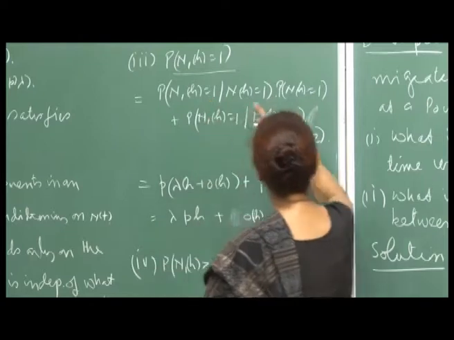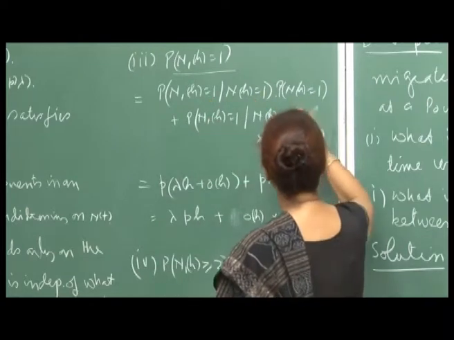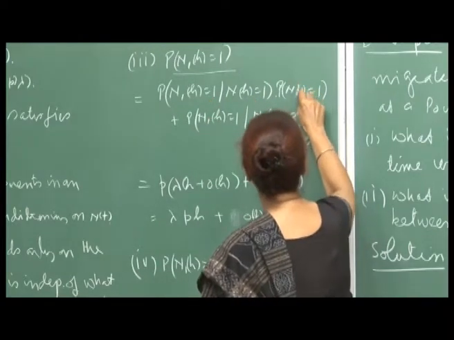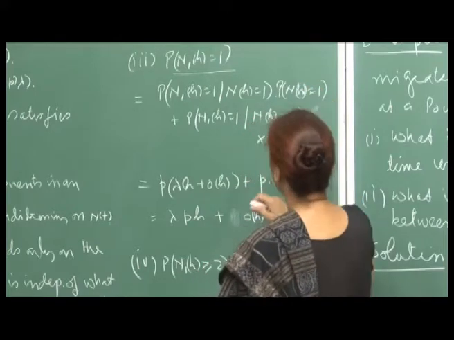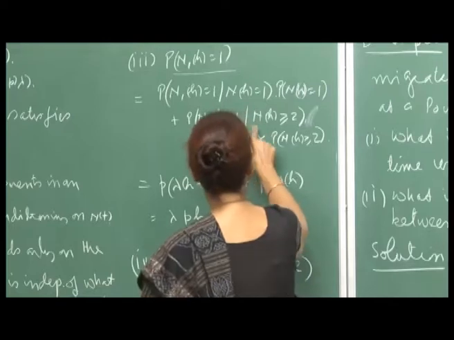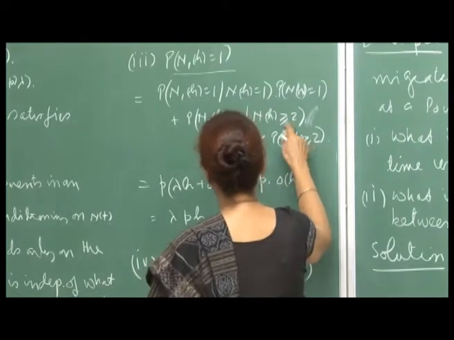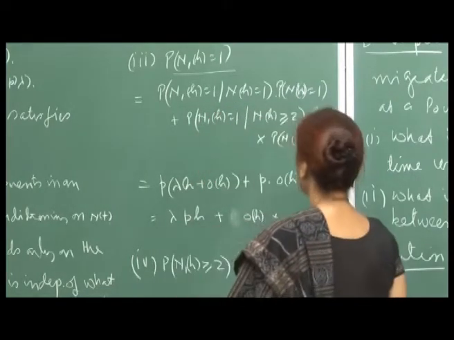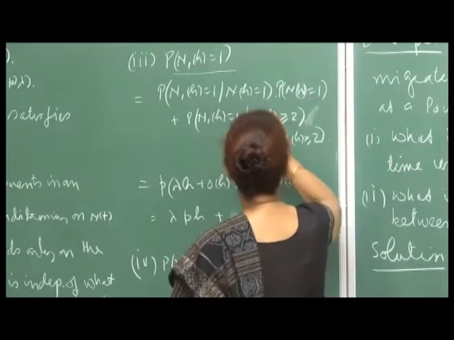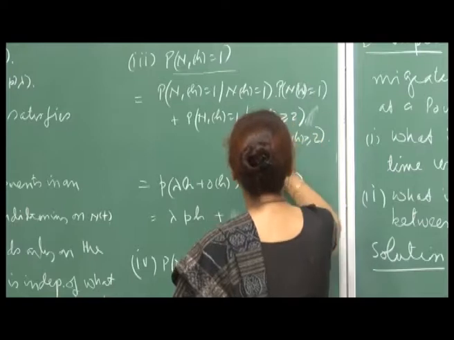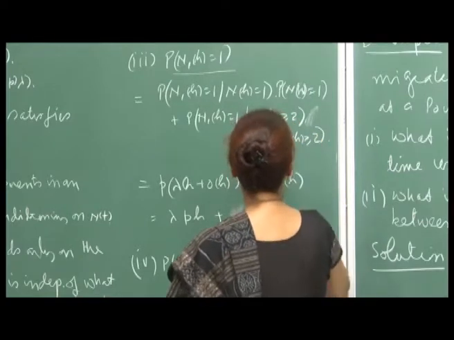And so, this will be conditioned: probability that N(h) is 1, or probability N1(h) is 1 and N(h) is greater than or equal to 2. These are the two possibilities, because either N(h) is 1 or N(h) is greater than or equal to 2. So, this will be this times probability N(h) greater than or equal to 2.